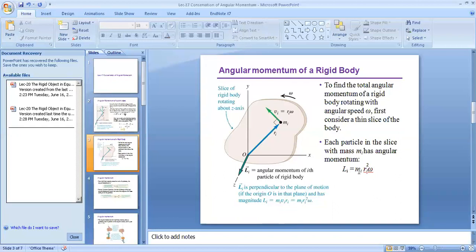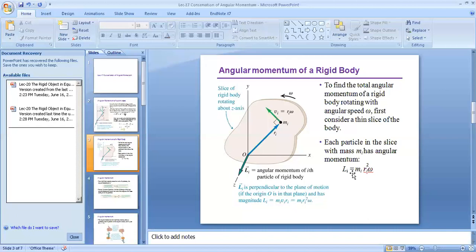We can say that Li will be equal to mi vi ri, and vi will be equal to ri omega.